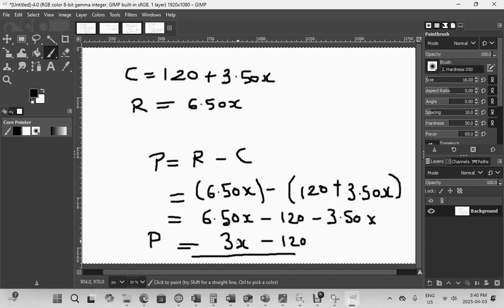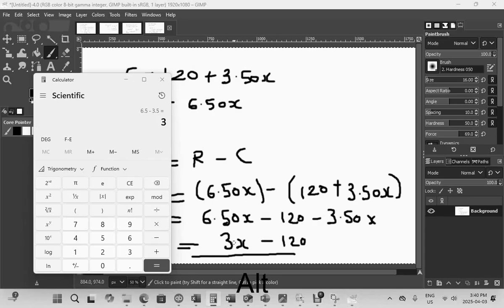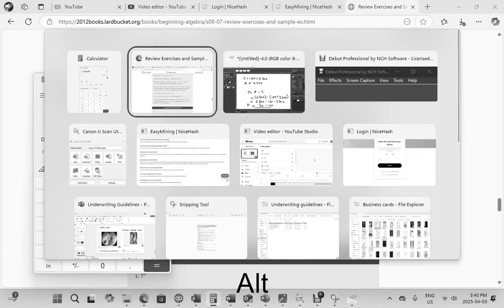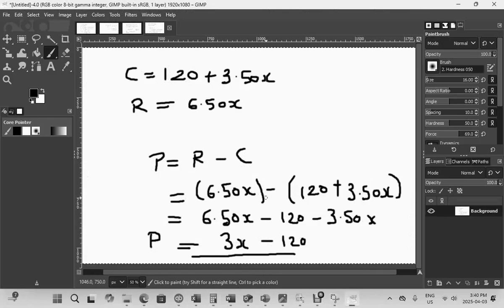We don't know what x is. x will be the number of t-shirts produced or manufactured. For part B, they're asking us to use the formula to calculate the profit from producing and selling 150 t-shirts. So going back, we'll sub in the value for x.